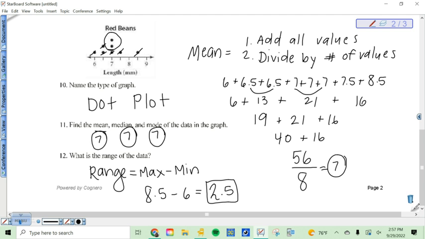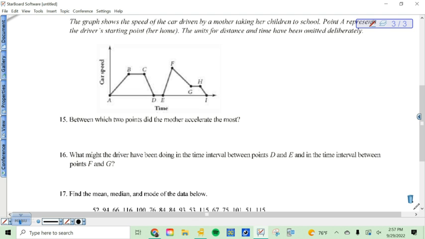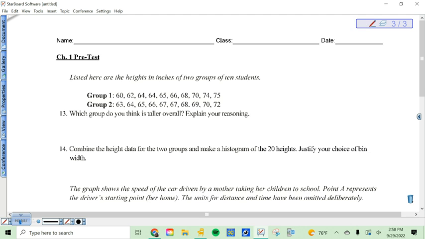We're going to skip 13. Don't worry about 13. Let's look at 14. What does 14 tell us to do? And then what? Yeah, we got to make a histogram. What am I going to do to make a histogram?